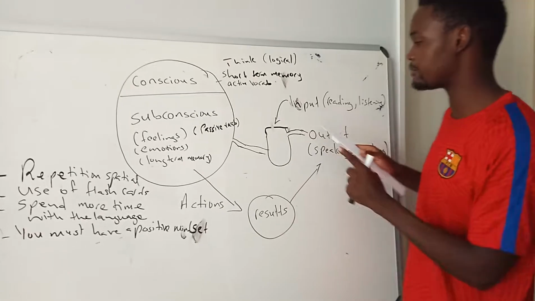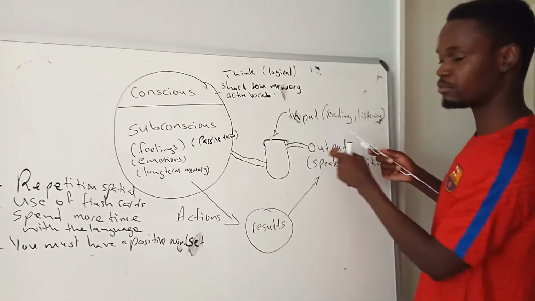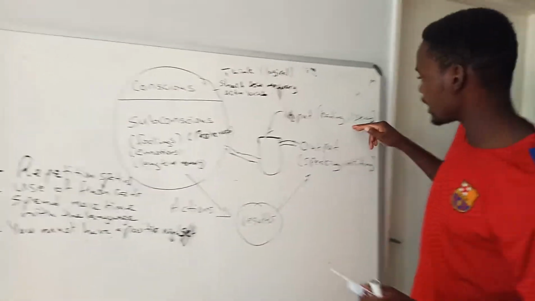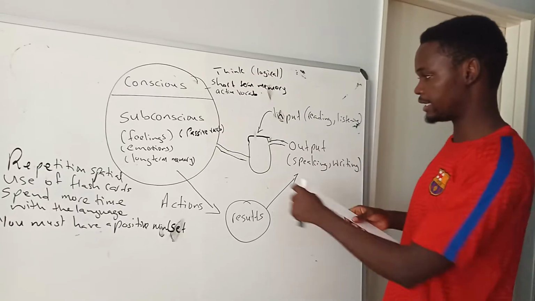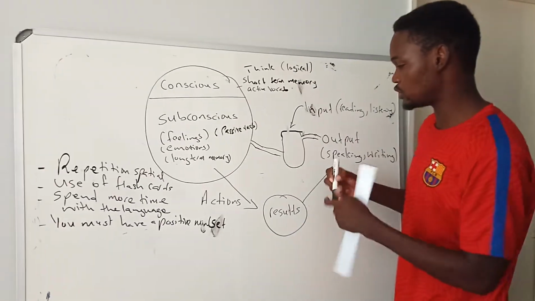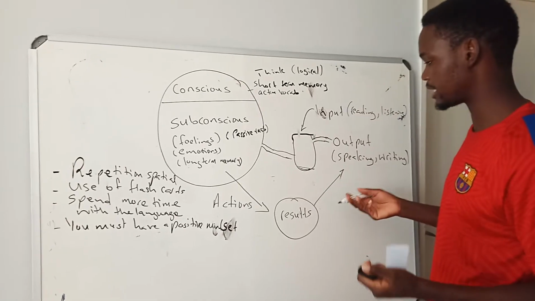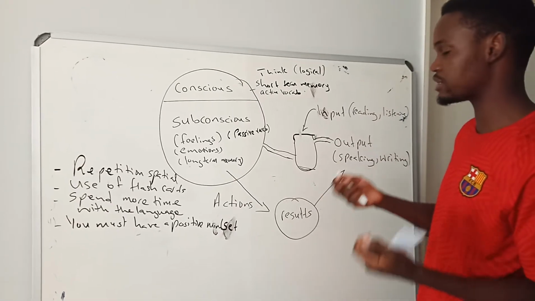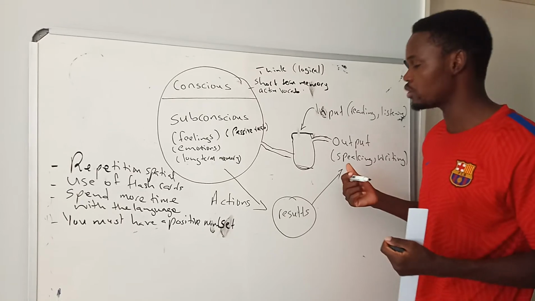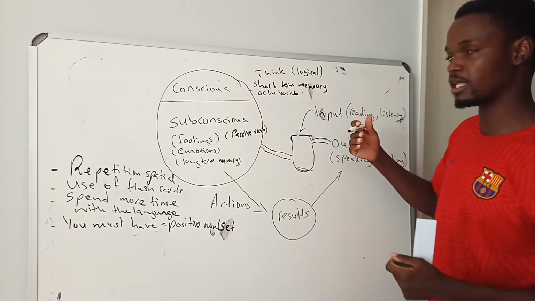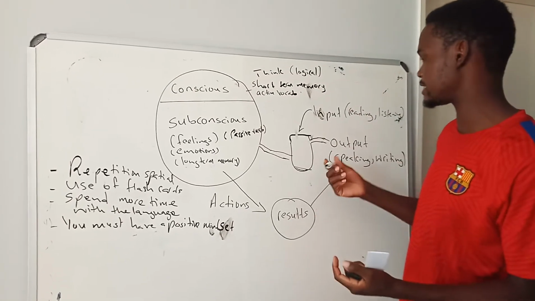Stephen Krashen talks about this; he talks about the input method. If your input is just a little bit, you will not be able to speak. You will not be able to understand when someone speaks. So what you need to do is read something that is easier for you to understand.